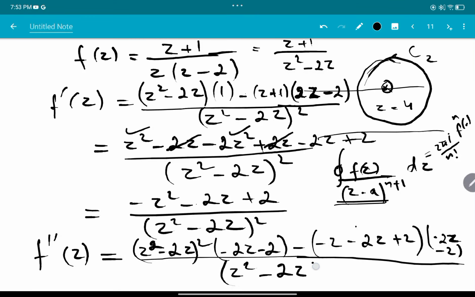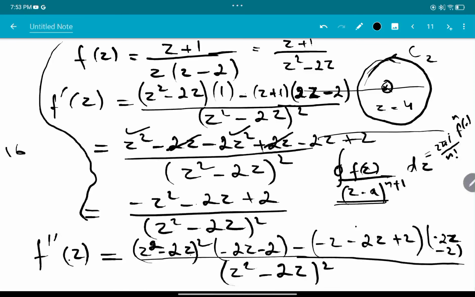Of course, I would like you not to try to simplify it, because ultimately you have to find the value of this derivative at z equal to 4. So simply put 4 in place of z. I have 4 square, that is 16, minus 2 into 4, that is 8; 16 minus 8 is 8.